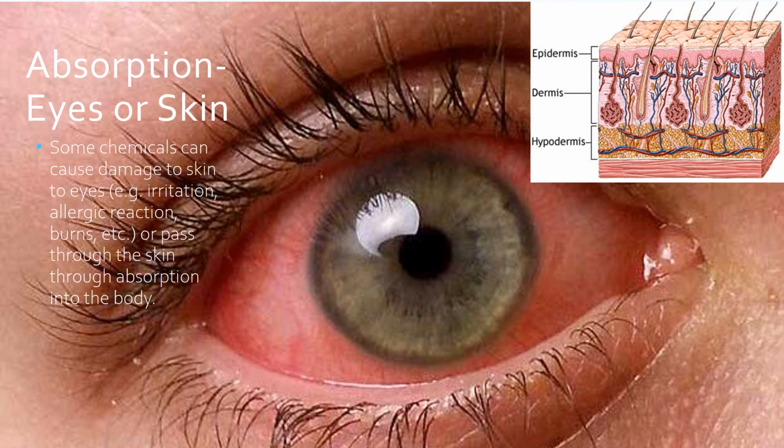Another route of exposure is absorption through your eyes or skin. Some chemicals can cause damage to your skin and eyes through irritation, allergic reaction, burns, etc., or pass through the skin into the body through your epidermis, dermis, or hypodermis.